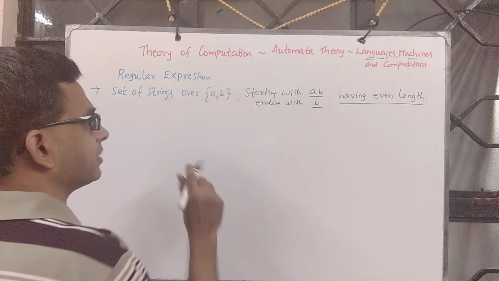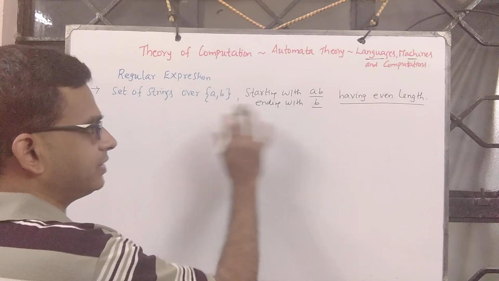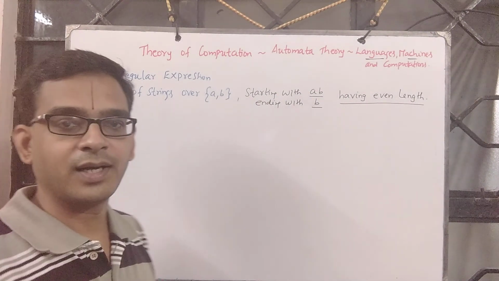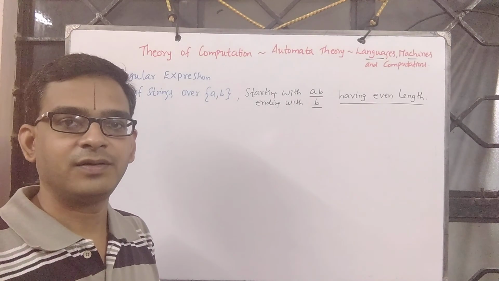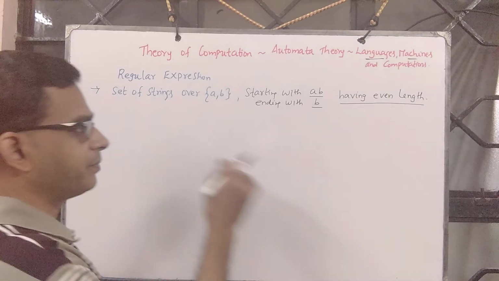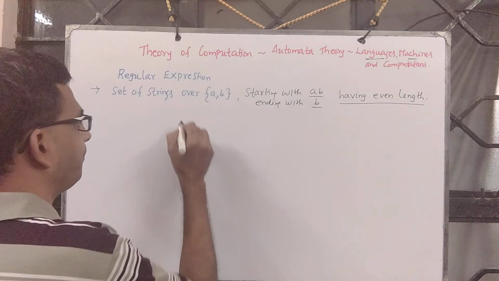Let's look at base strings. Always what you do, you look at base strings and with that try developing other strings, then you get to see a pattern, and once you identify a pattern, you can bring the appropriate operator to express what we want.